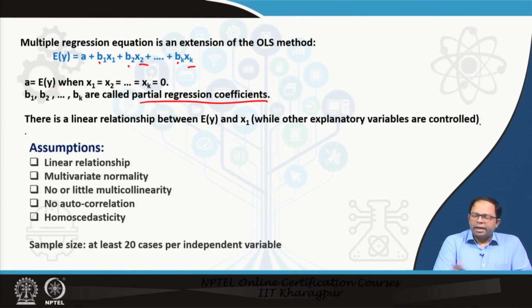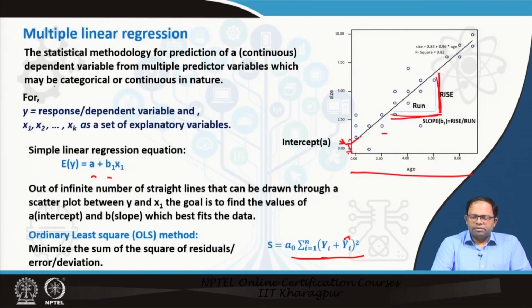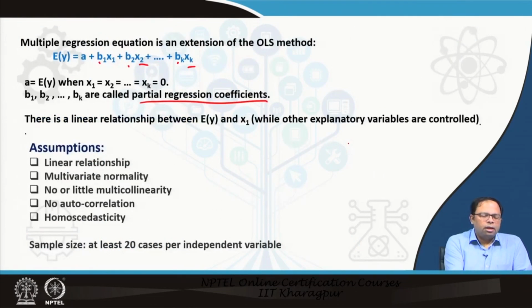That means the intercept, as in the last figure, when x is equal to 0, is the value of y. So, this is the basic value that is there already.